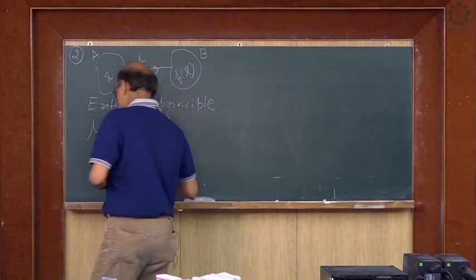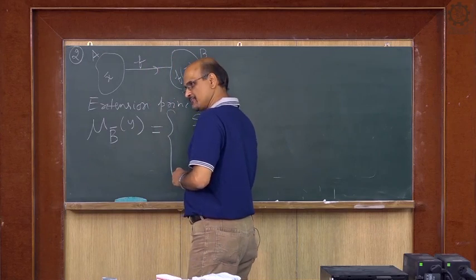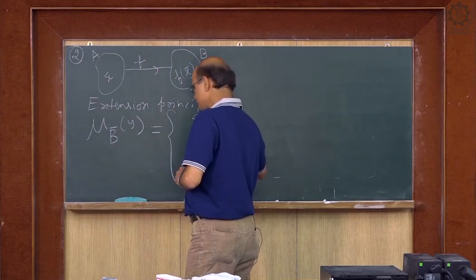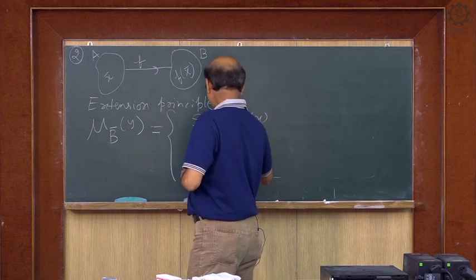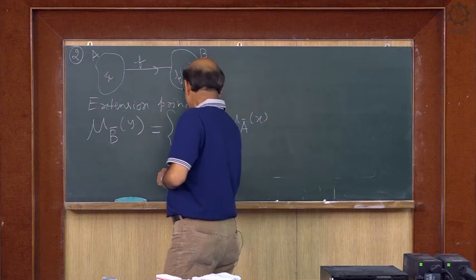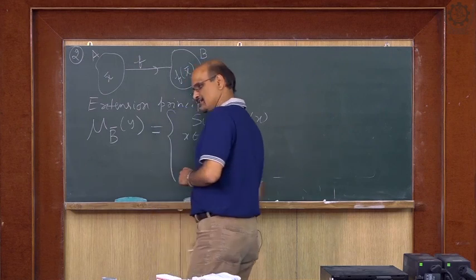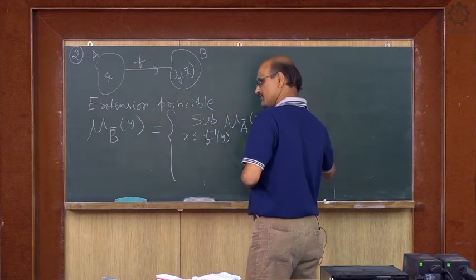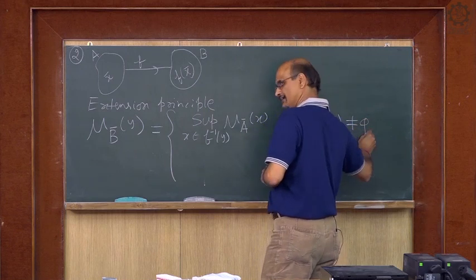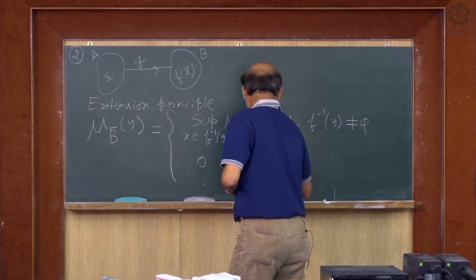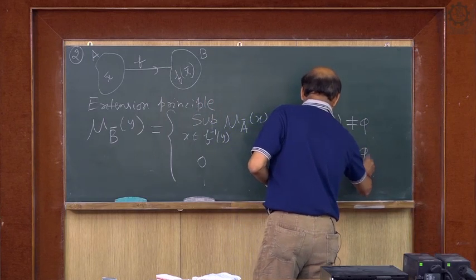If you remember, it is equal to the supremum of mu A bar x, with the supremum over x belonging to f inverse y, if f inverse y is not equal to phi, and otherwise it is 0, that means if f inverse y is phi.